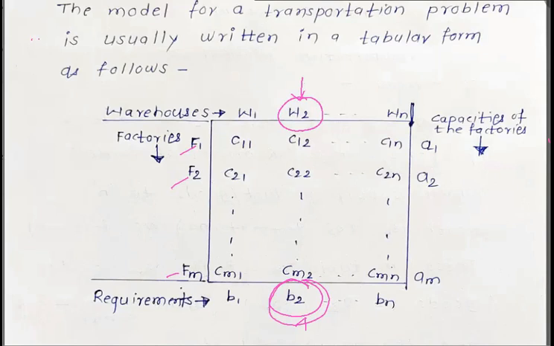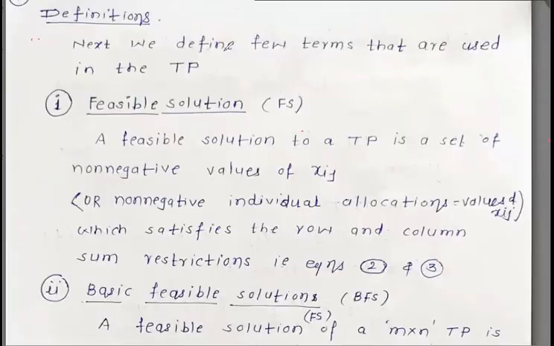So we want a solution in which the column restrictions and row restrictions are satisfied. If column and row restrictions are satisfied, it is called a feasible solution.